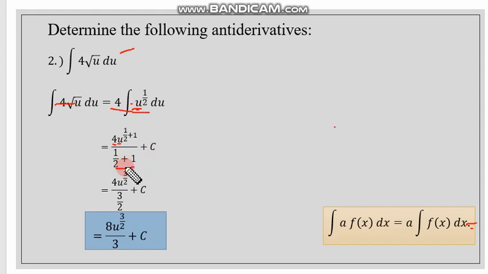So 1/2 plus 1 is 3 over 2, and our exponent is also 3 over 2. So it becomes 4u raised to 3 over 2 all over 3 over 2 plus c. So 2 times 4, that's 8. So 8u raised to 3 over 2 over 3 plus c. So this is the final answer.